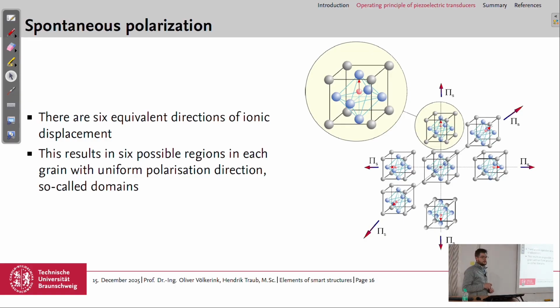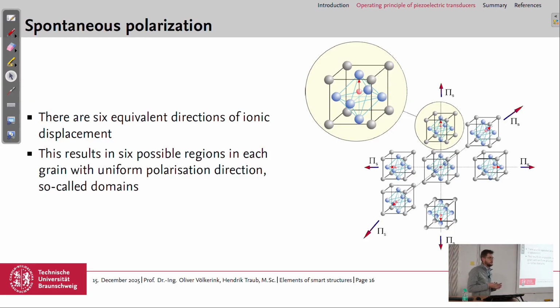This can happen in 6 equivalent directions of ionic displacement. If you look in this coordinate system, the element in the middle cannot only move up, but it can also move down, forward, back, left, and right. So you have 6 directions in total. This leads to so-called domains. You have the crystal structure, which is divided into grains, and inside these grains, you have different domains.